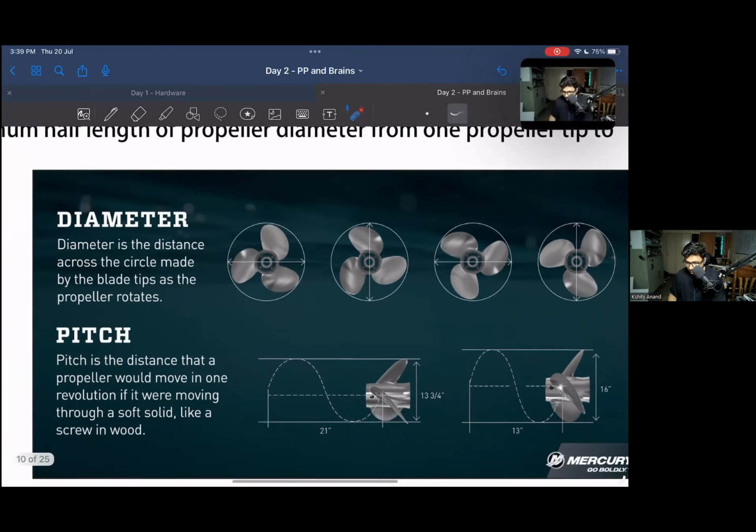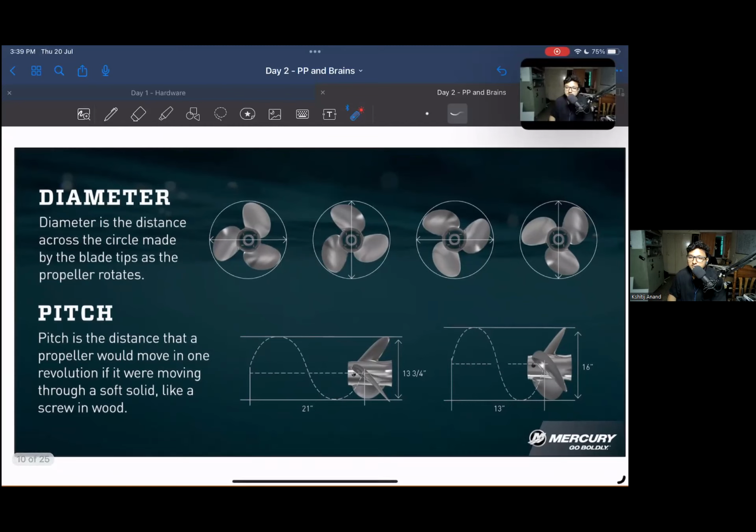Diameter is the enclosing circle of the propeller. For pitch, if you take clay and make one revolution of your propeller, you put the propeller on the start of the clay and twist it once, one full revolution, you will see that the propeller digs inside the clay and moves some distance.